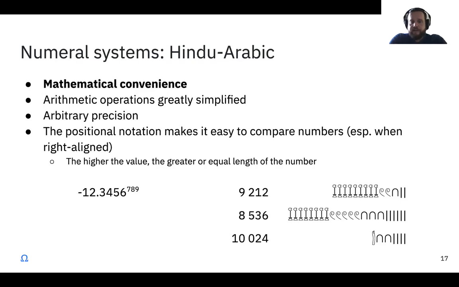What is really nice about our system is that we have arbitrary precision. And also, for bookkeeping and accounting purposes, the positional notation really makes it easy to compare numbers, especially when they are right aligned. This is a combination of the positional notation and the fact that we only have 10 digits, regardless of the scale of the number.